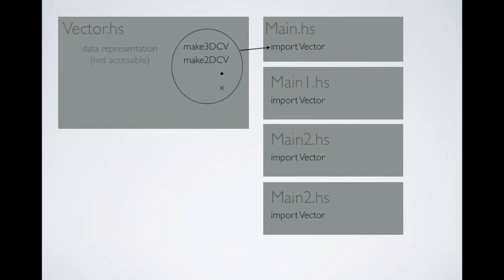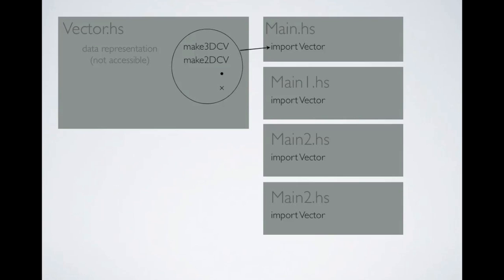For example, in this picture, we have vector.hs, which gives you accessor functions, like make 3D Cartesian vector, that would be a representation of a 3D vector, or make 2D Cartesian vector, that would be a 2D representation of a Cartesian vector, and so on.